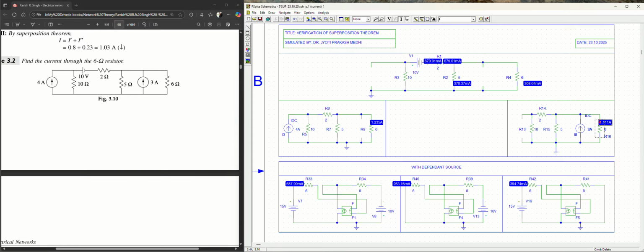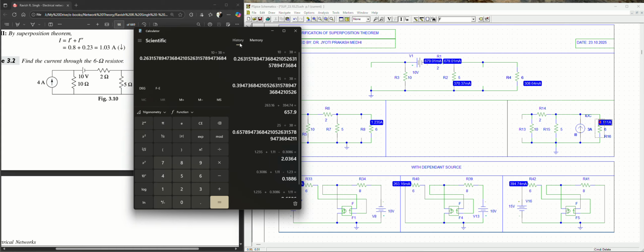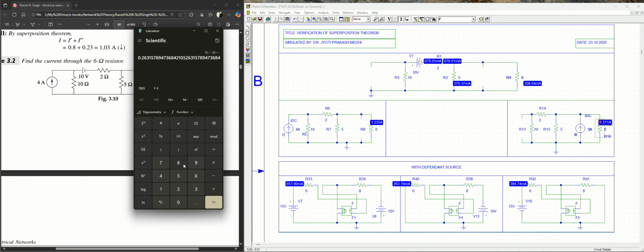Now let's check in the calculator. Let me remove everything and make it 0.